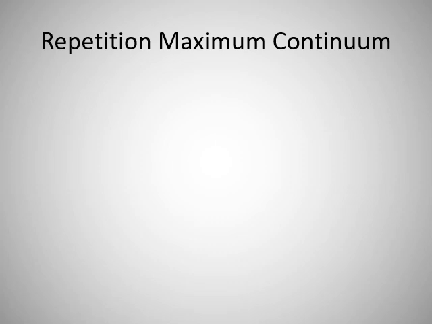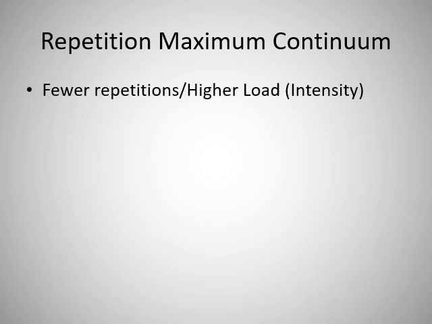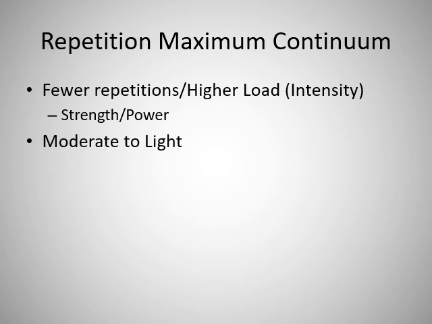So looking at the repetition maximum continuum, again, fewer repetitions and higher load, you're going to be doing that for strength and power. These are things that we've talked about at various other times. I don't really think this is a whole lot of new information. Fewer repetitions, higher load, more towards strength and power. Moderate to light loads, you're going to be accomplishing hypertrophy.